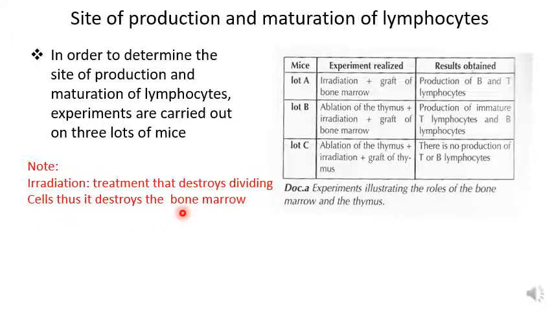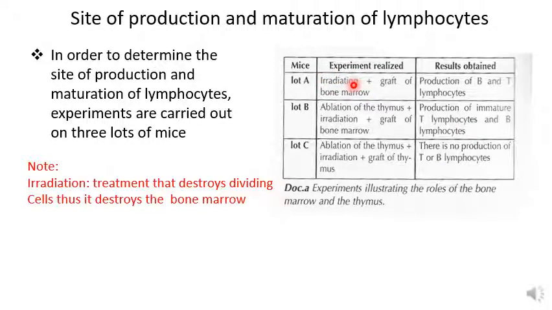And since the bone marrow, as we saw previously in document 4, is rich in stem cells that are highly dividing cells, by doing irradiation, we ensure that the cells in the bone marrow are destroyed. So when we use irradiation as a condition in the experiment, it's just like we're telling you that the bone marrow is destroyed or there is no bone marrow.